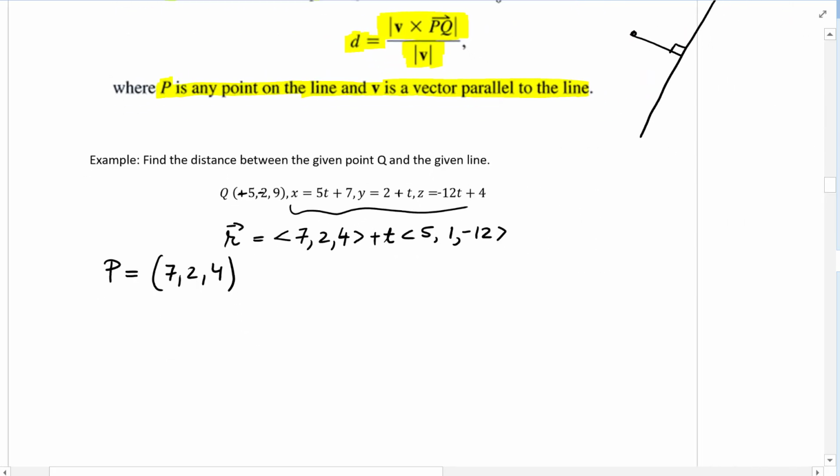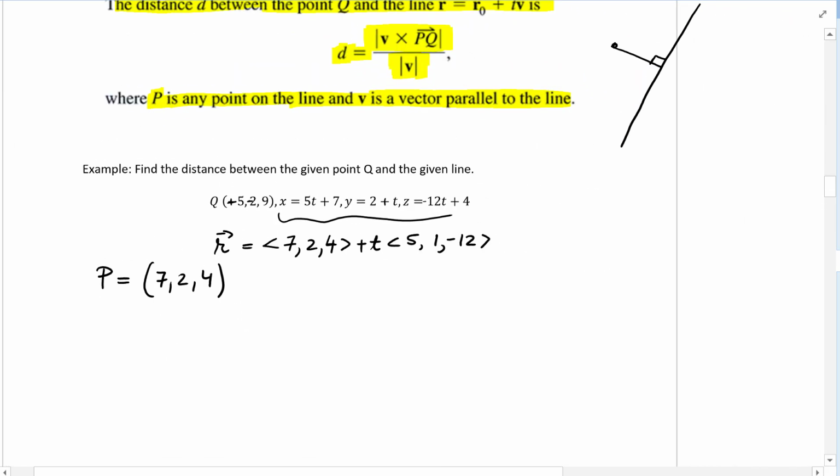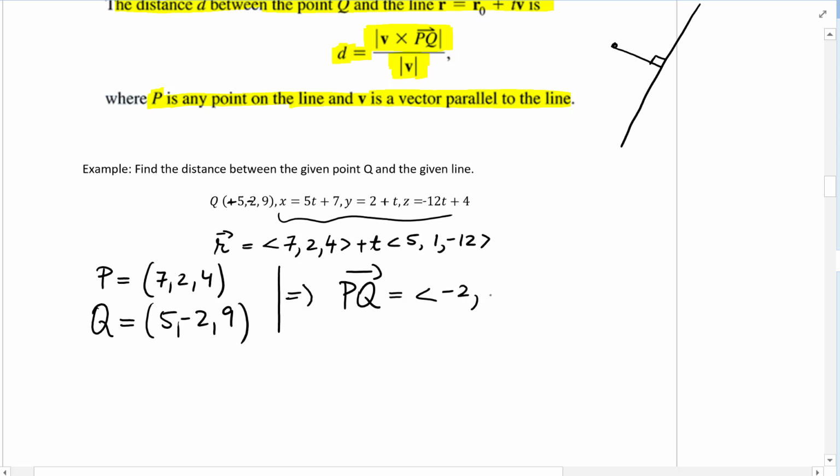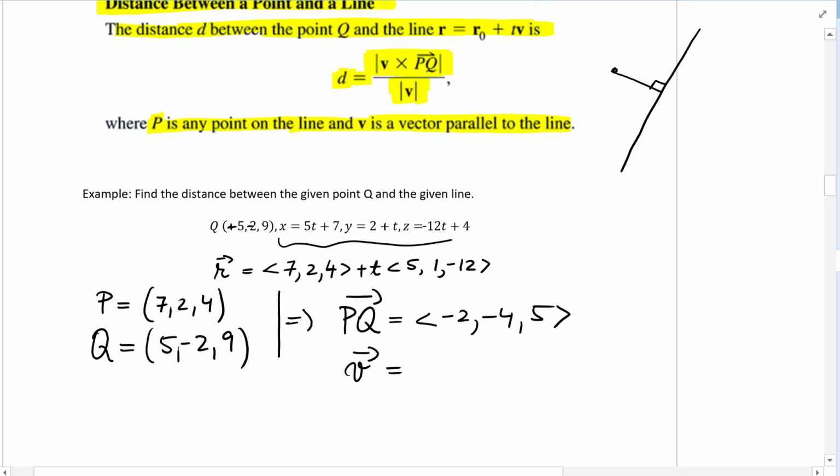And I'm looking at the formula as well. So now having Q as 5, -2, 9, we can say that the vector PQ is equal to -2, -4, 5. V is the vector that we get from equating this r equals r naught plus tv. So the vector v is 5, 1, and -12.